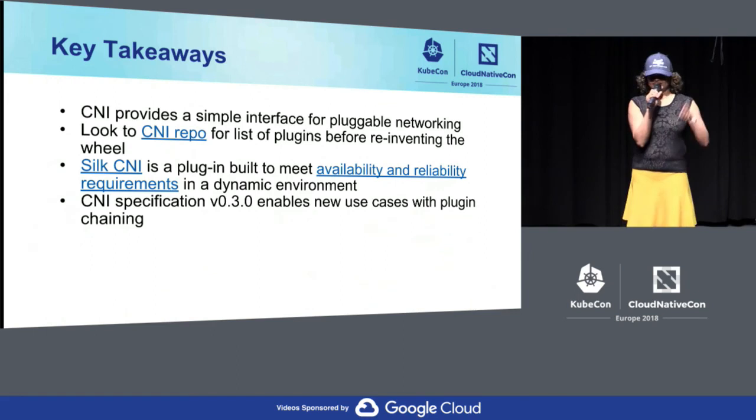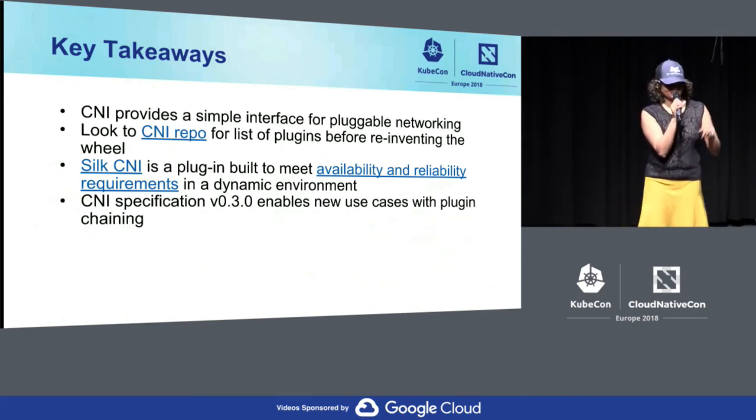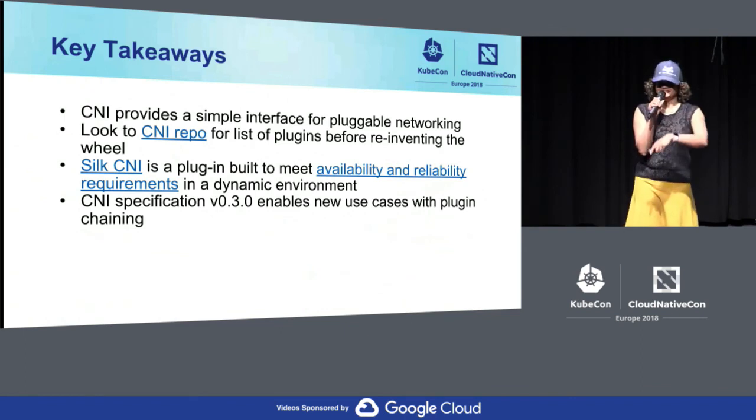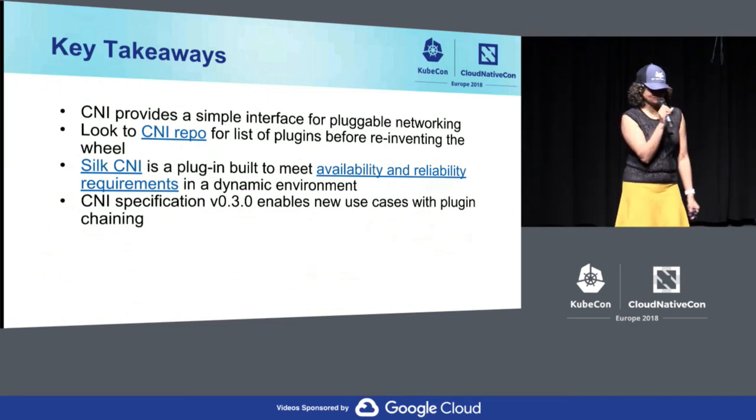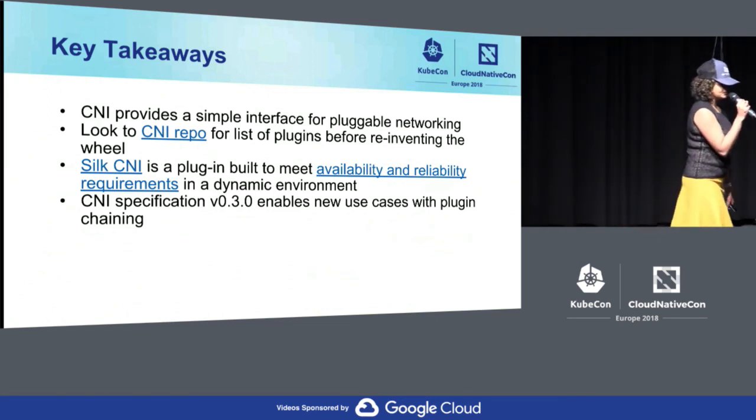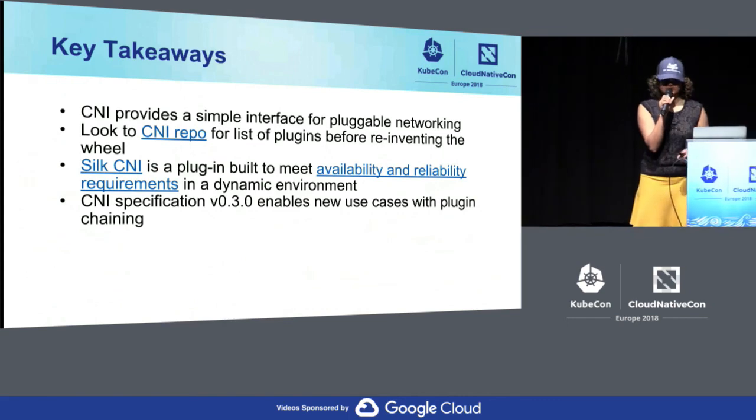So definitely CNI is really awesome. Try it. It's actually not that difficult. I was in a talk earlier today on CNI on creating small plugins to do additional things than setting up network connectivity.